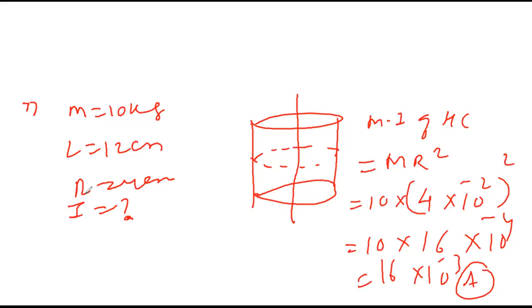Yes, sir, done. Eighth one. About which of the following axes is the moment of inertia of a thin circular disk minimum? The first is about the center perpendicular to the surface, which is IC, the standard axis.